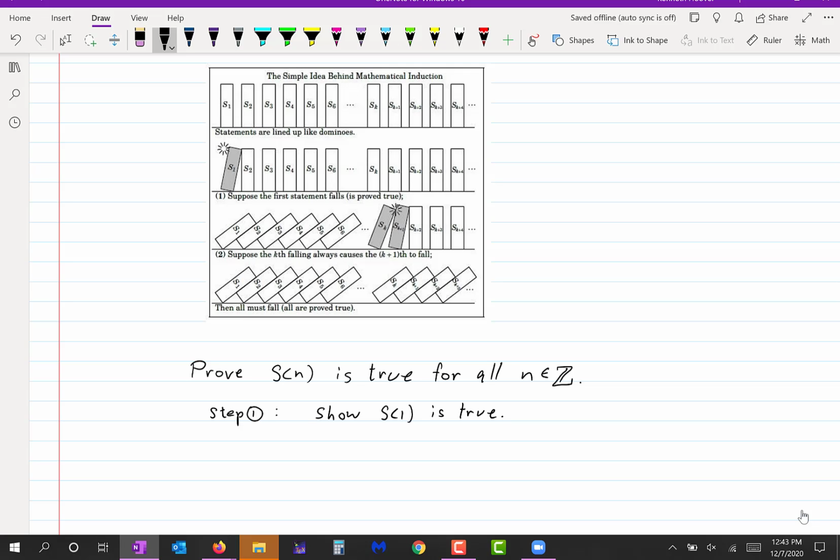And then step 2, you show that if S of k is true for some natural number k, then S of k plus 1 is true.